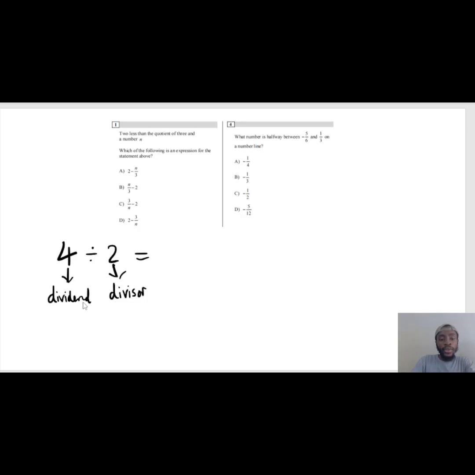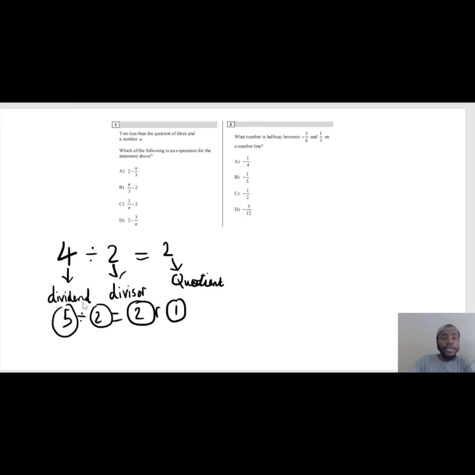Now the result is called the quotient. Now if it was 5 divided by 2, which will give us 2 remainder 1. You see that it will have a remainder 1, where this is quotient, divisor, dividend.